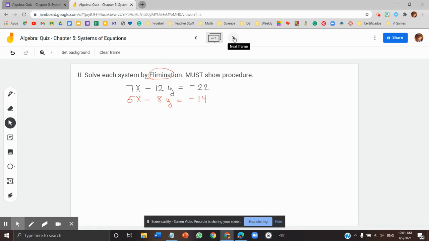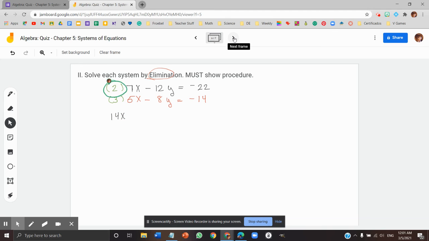So I'm going to have to multiply them. This one I'm going to multiply by 2. And this one I'm going to multiply by 3. And my resulting equation is going to be 2 times 7x. How much is 2 times 7x? 14x.